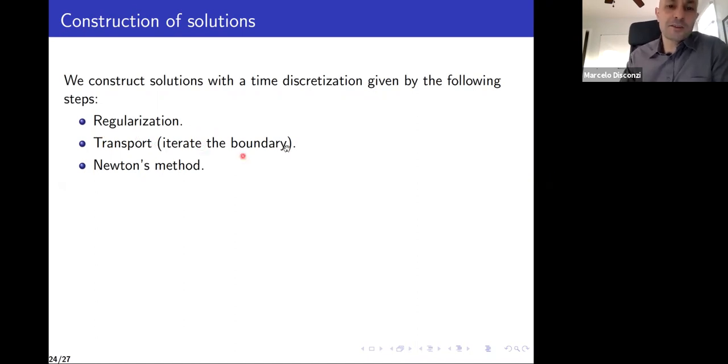There's a transport part to the construction of solutions. By transport, I mean that I'm discretizing in time, and at each time step I have to not only get the new variables, but also move the domain, because remember, the domain is moving. And finally, there's a Newton's method involved.